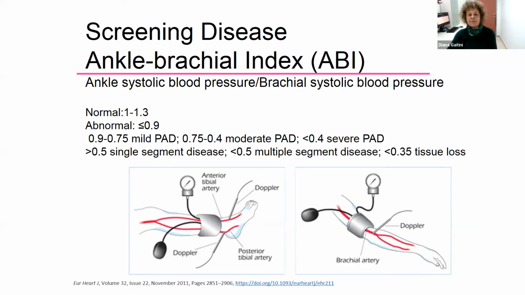It is abnormal when it is equal or less than 0.9, and we will see here how lowering the ratio, the disease becomes more important, from mild to moderate to severe PAD. Also, we may speak about a single segment disease, multiple segment disease, or tissue loss.